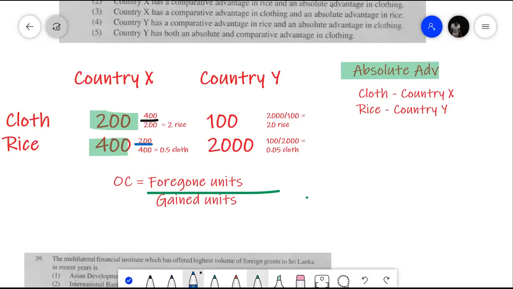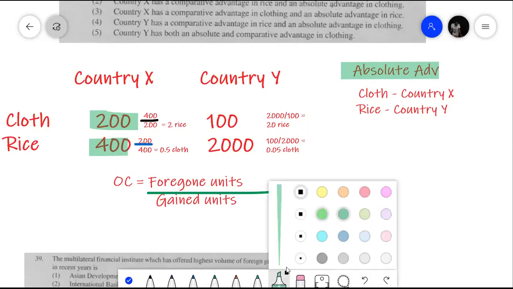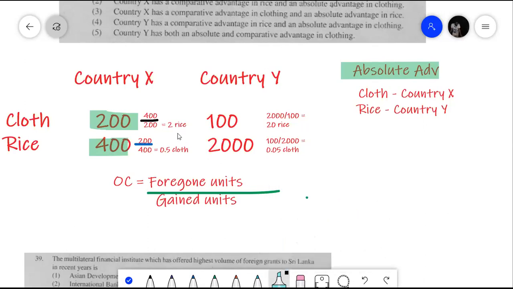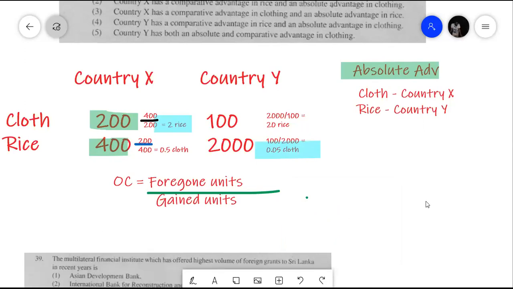So in this context, if you look at cloth, country X has the lower opportunity cost. Then if you look at rice, who has the lower opportunity cost, guys? Country X or country Y? Country Y. Okay. Yes, remember comparative advantage is always like this.